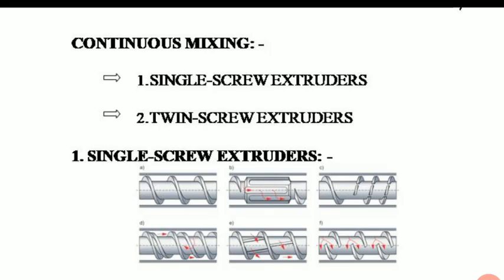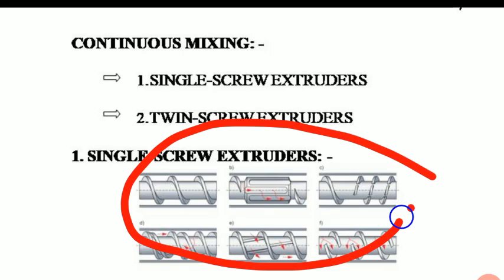Typical examples include the section with pins and barriers, cavity transfer mixers, etc. These are specialized versions of single screw extruder that have compounding ability similar to twin screw extruder.